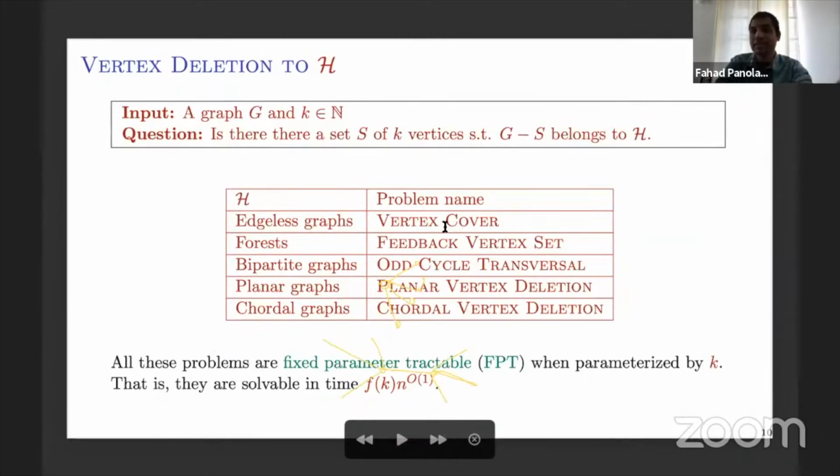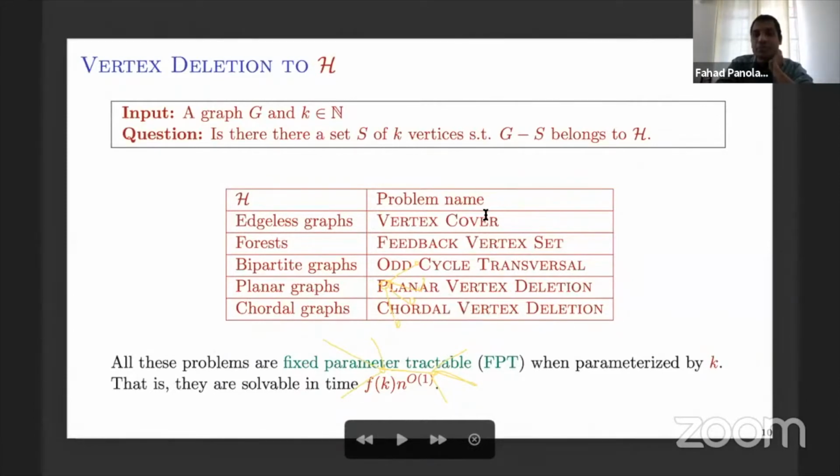Can you delete K vertices to get an edgeless graph? Okay, and if H is forest, then that is feedback vertex set. After deleting K vertices, you want a forest. If H is bipartite graphs, this is odd cycle transversal. And if H is planar graphs, the problem is called planar vertex deletion. And if H is chordal graphs, then the problem is called chordal vertex deletion.